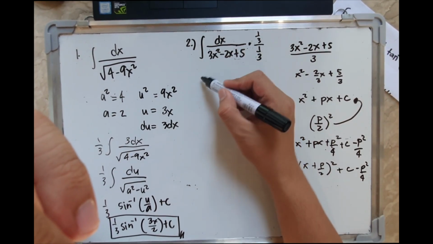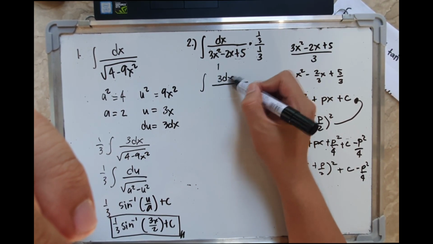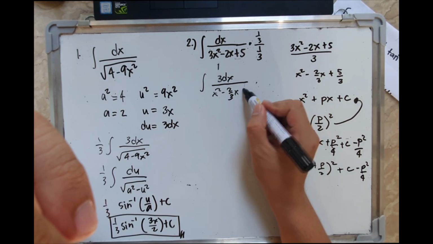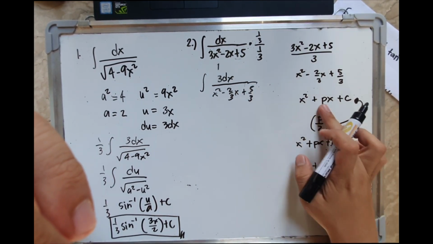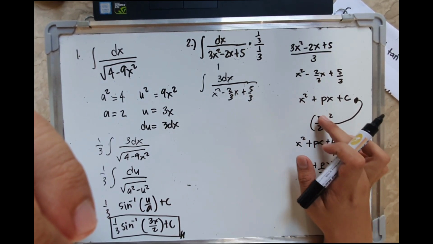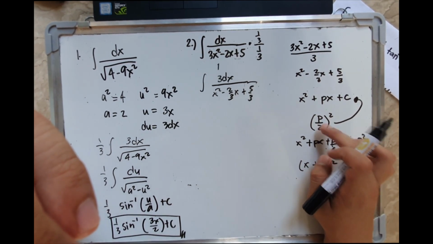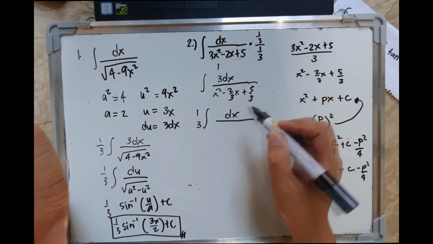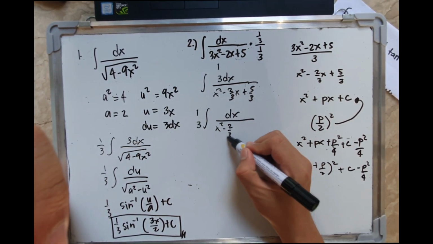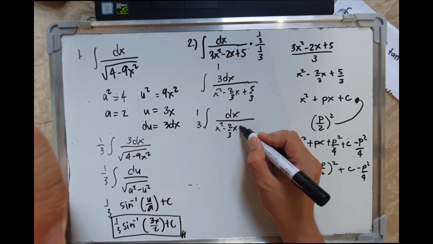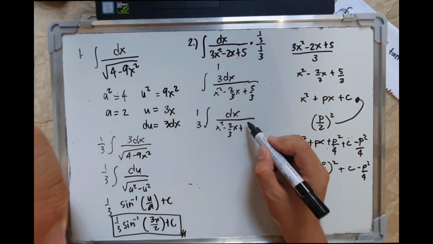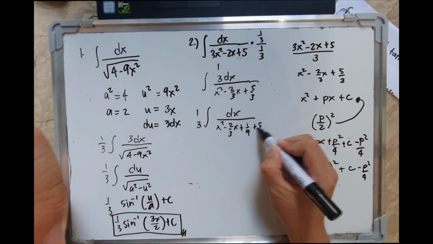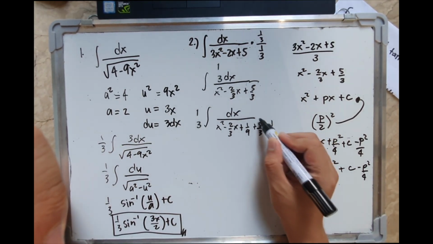Now this is equivalent to dx over x squared minus 2/3 x plus 5 over 3. So our p here is obviously 2/3. 2/3 divided by 2, that is 1/3. 1/3 squared, that is 1 over 9. So we now have dx over x squared minus 2/3 x plus, let's add 1 over 9 plus 5/3 minus 1 over 9.